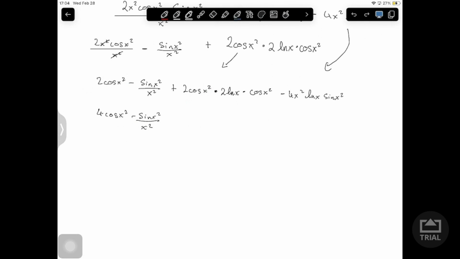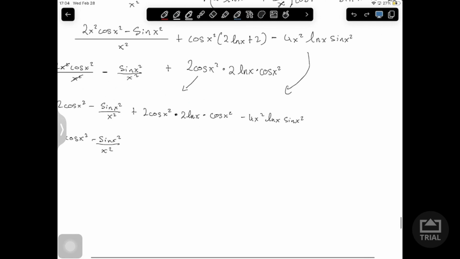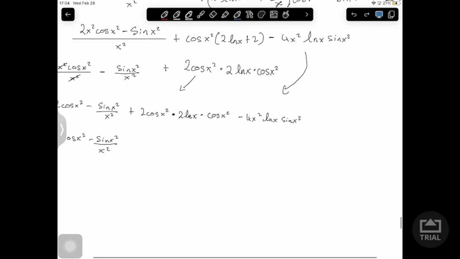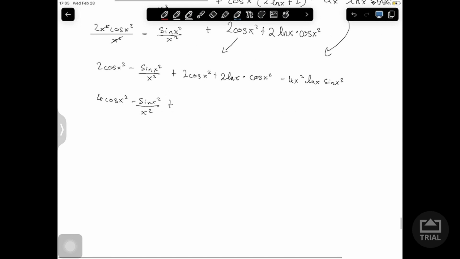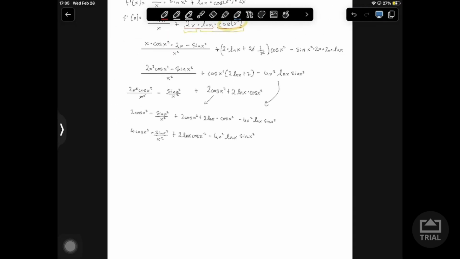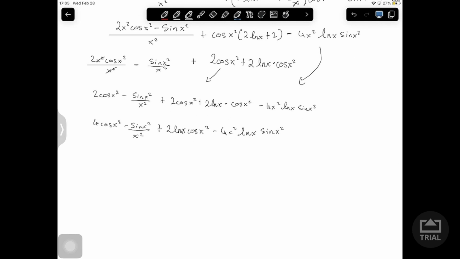So it's still going to be a plus, wait, when we distribute that, yeah, don't forget that we distribute that and there was a plus sign here. So we gotta carry that plus, bring the plus down, which is 2 natural log x cosine x squared, and minus 4x squared natural log of x sine x squared. There you go. So that's our final answer.